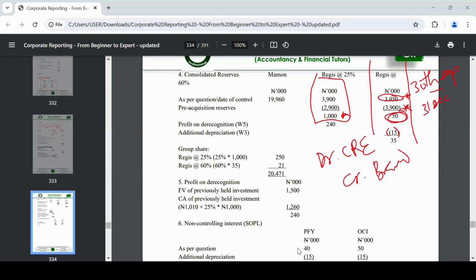Had it been that this 15,000 is a loss or an expense that is solely to the parent, we won't do it here. We'll come and put it here. In fact, let me put it on that line. It will be here, meaning that it is only Mammon.